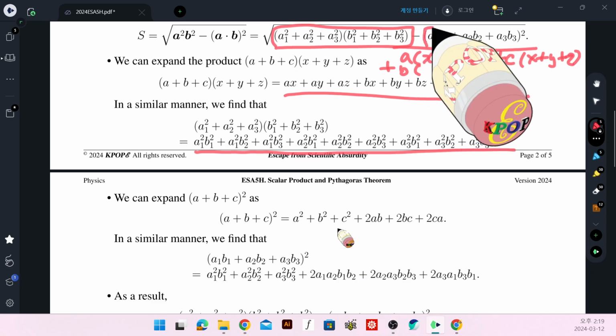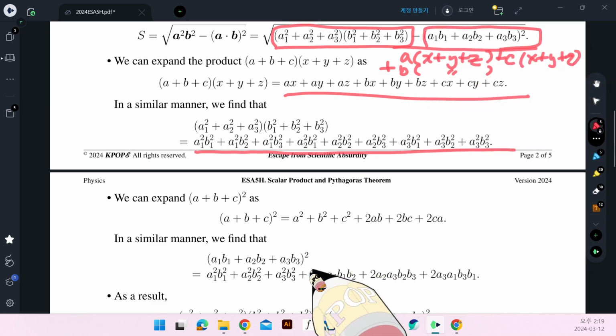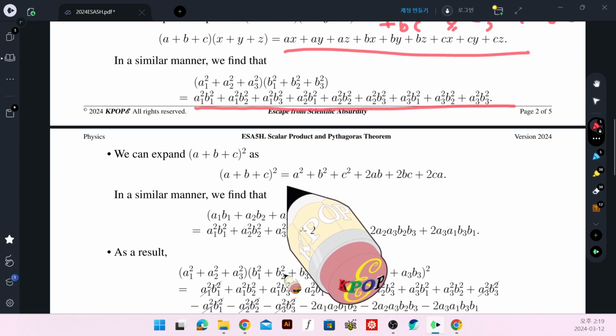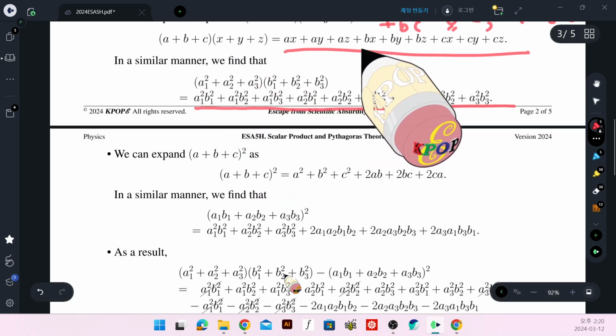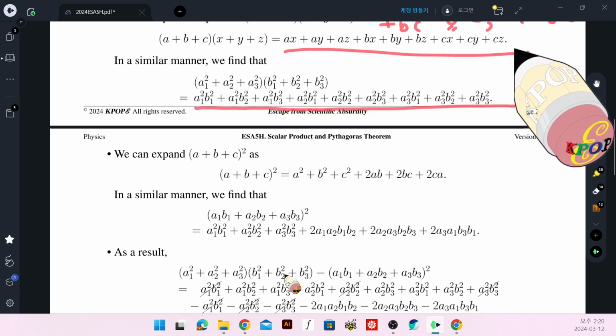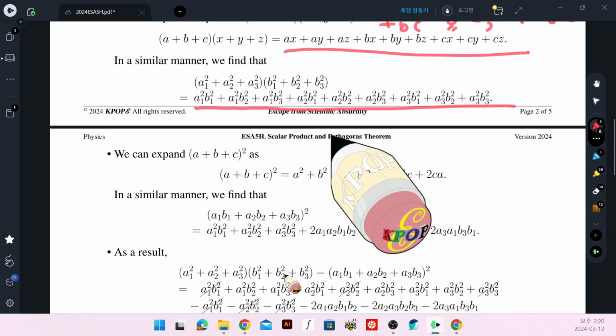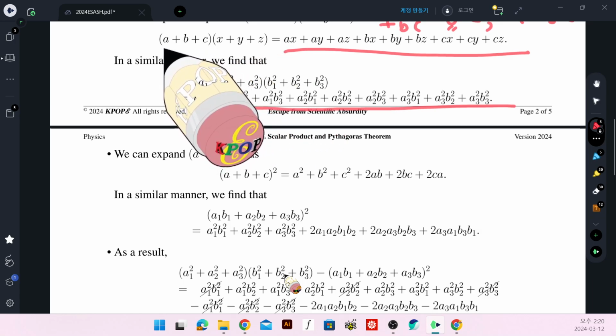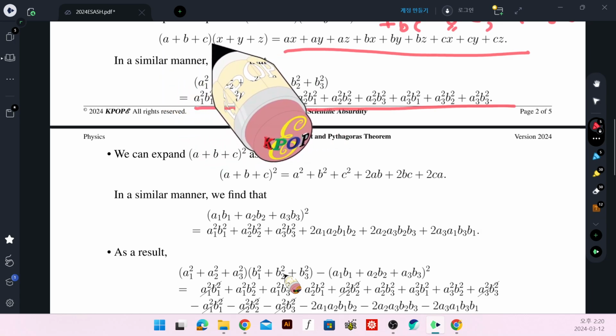And then, next step, I can square this. It is even simpler than the previous product expansion formula because these x, y, z are the same as a, b, and c respectively.